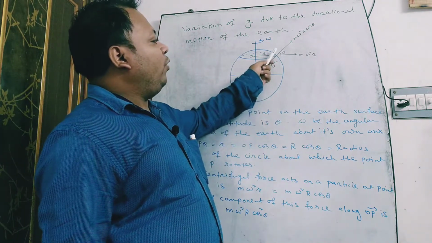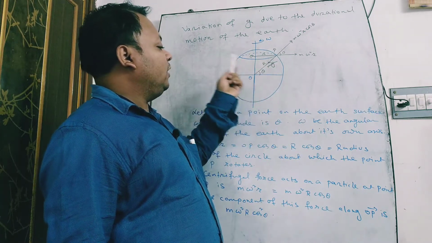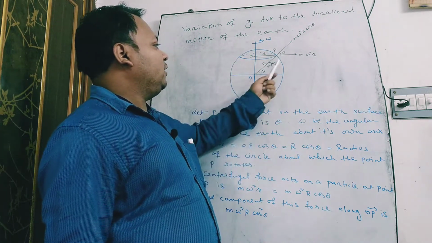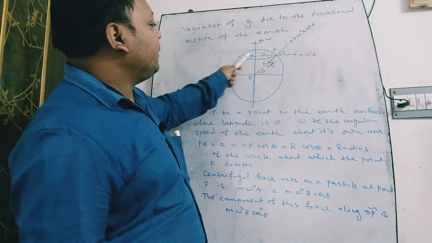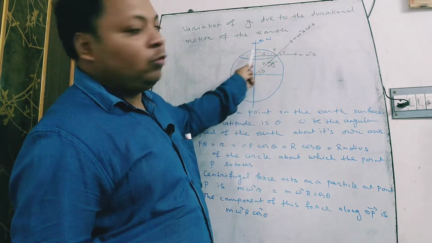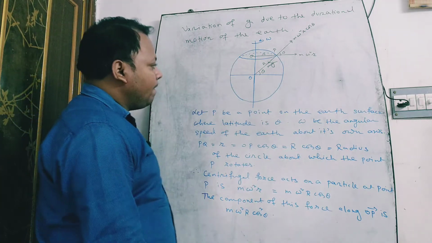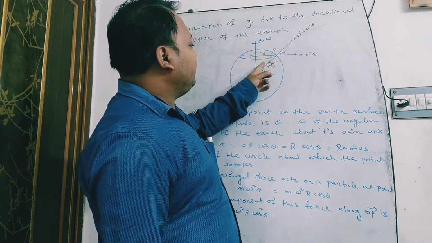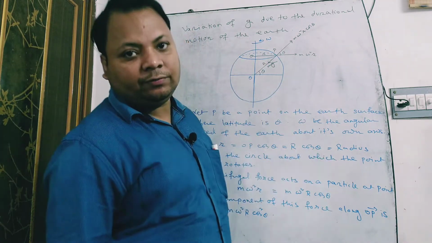Let P be a point on the surface of the Earth at a latitude theta. Small r is the radius of this circle about which the point P rotates with angular speed omega. Now, small r is equal to capital R cos theta.